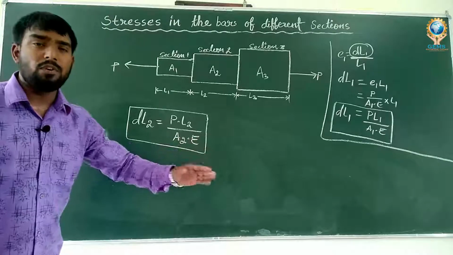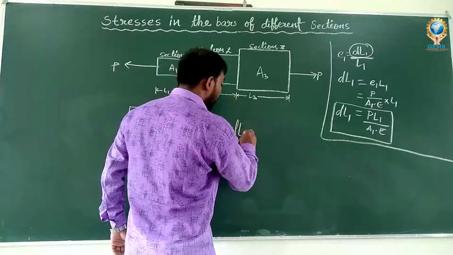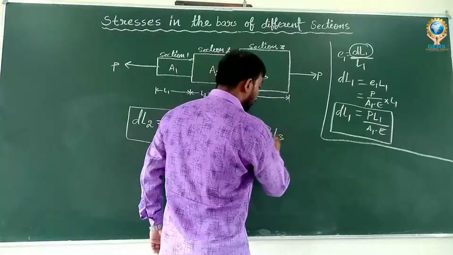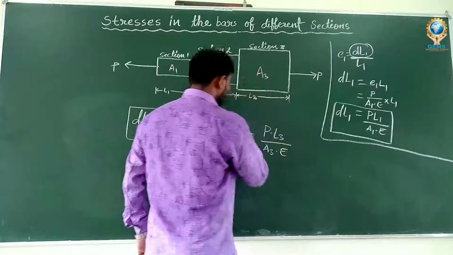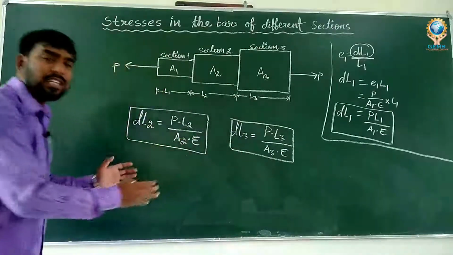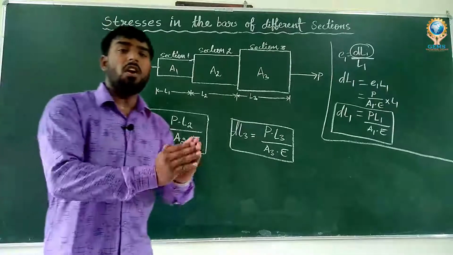And similarly for the third section, dL3 is equal to P into L3 divided by A3 into E. Now we have got the change in length value of all three sections, that means the extension of all three sections.